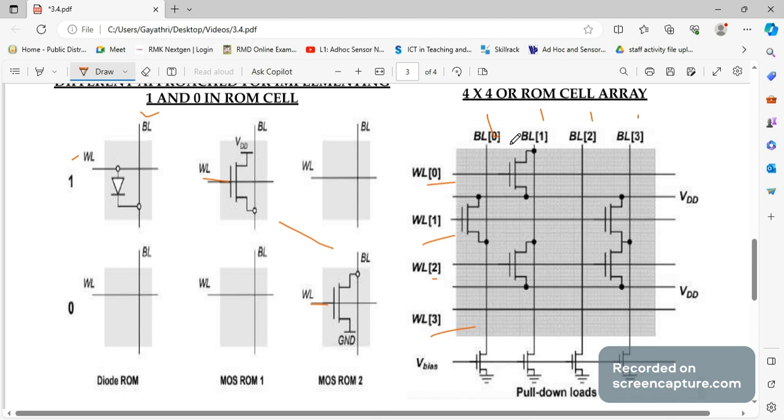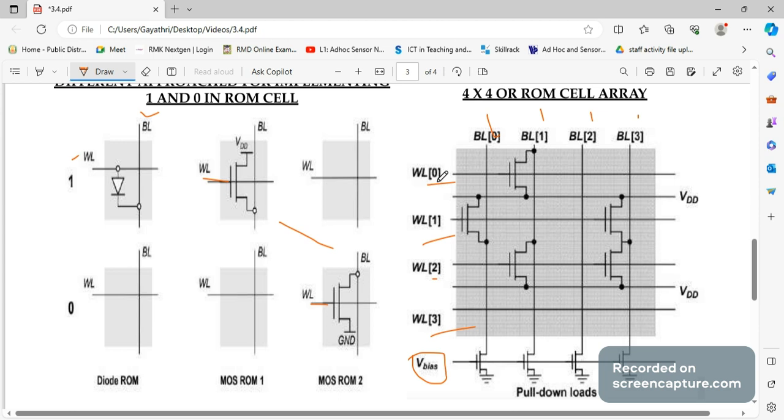Similarly, this is BL0 to BL3. Moreover, we need a bias voltage in order to operate the transistor. All the gates are given the bias voltage, all the drains are grounded, and each bit line is connected to the source of the transistor that is made as the pull-down load.